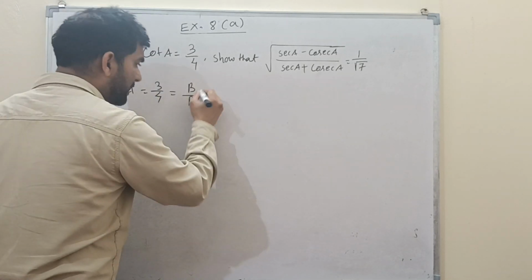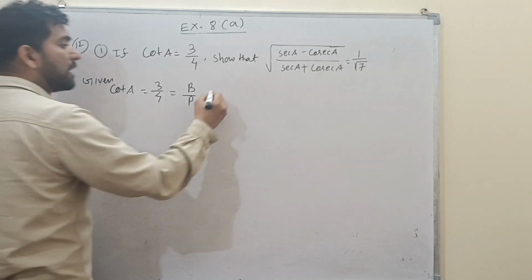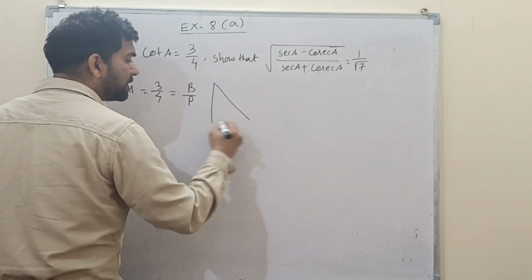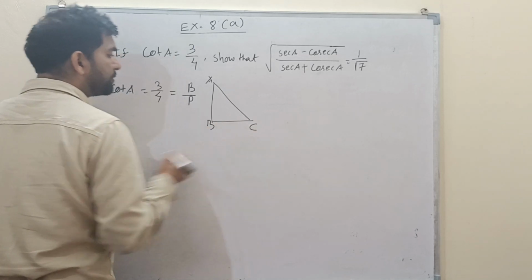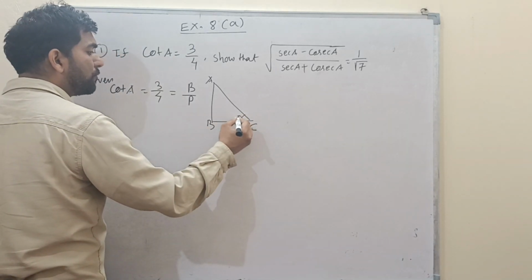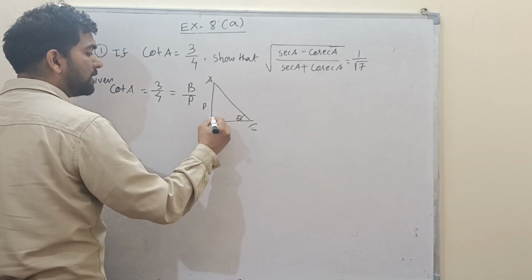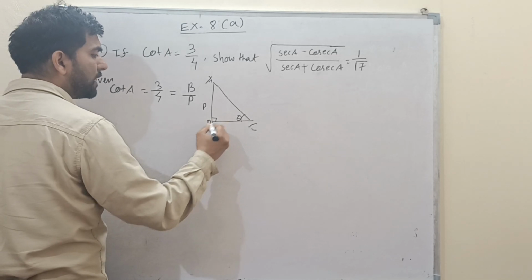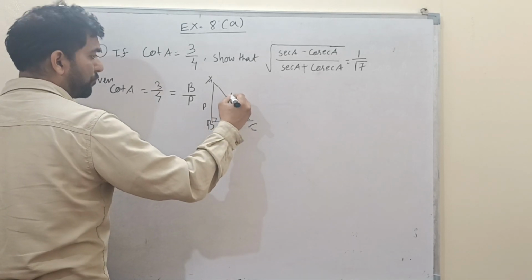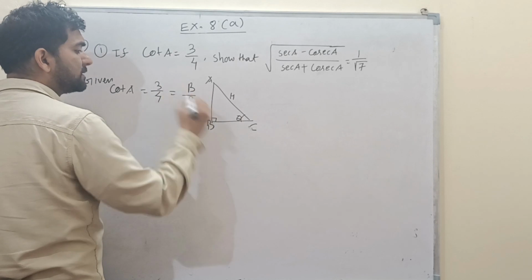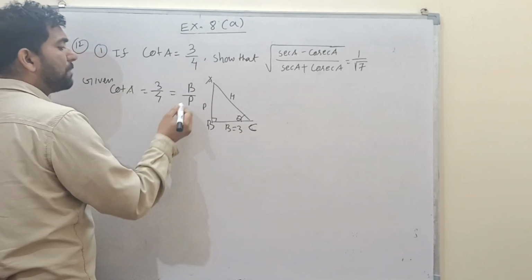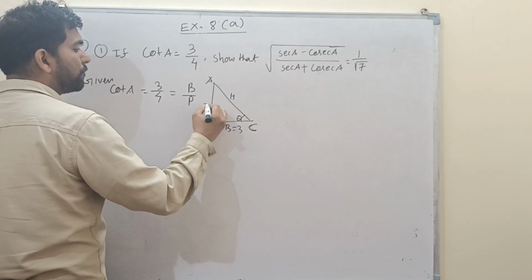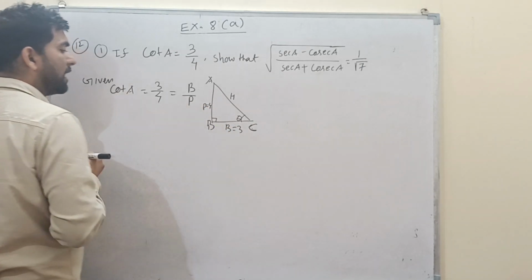Again draw a right angle triangle and you will name it A, B, C. And this is theta, so opposite to theta is perpendicular, and this is 90 degrees, so opposite to 90 degrees is hypotenuse. So we have base 3, and perpendicular how much? We have 4. So base 3 and perpendicular 4.